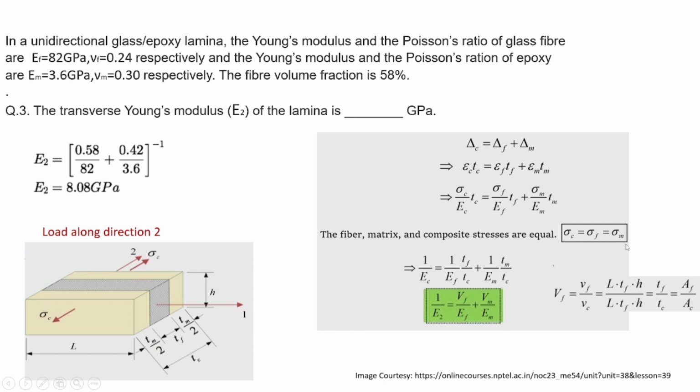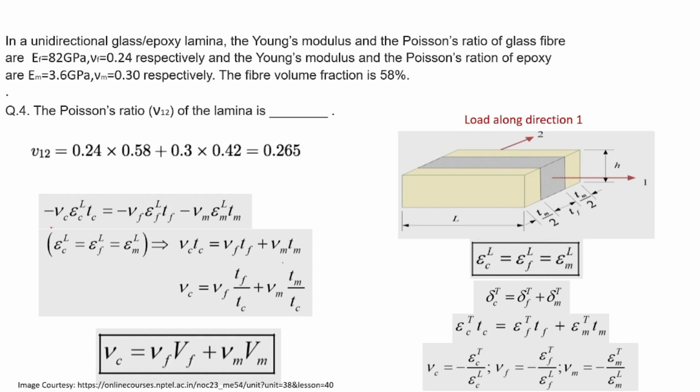So they are all equal. Putting this assumption and removing the values from here, we get this as the final equation of the transverse Young's modulus in terms of the Young's modulus of the fiber, of the matrix, and the volume fraction of the matrix and the fiber. Put the values in the equation, we can get the solution for transverse Young's modulus.